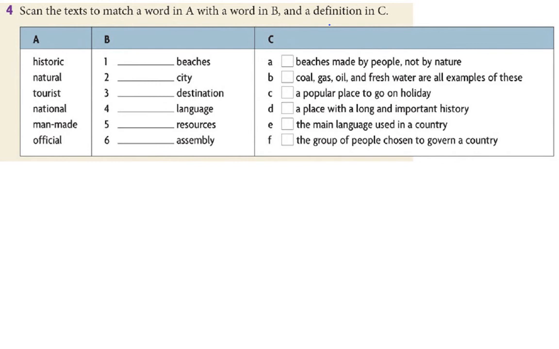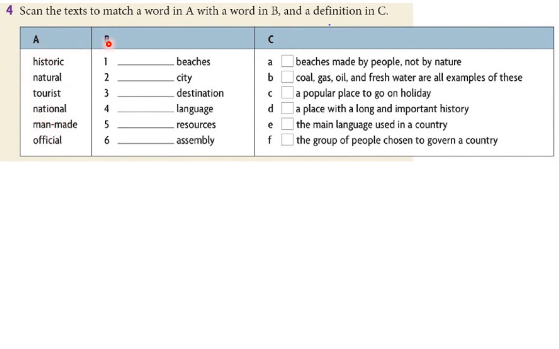The fourth exercise is about scanning. We need to scan the text to match a word in A with a word in B and a definition in C. So we have three columns, A, B, and C. In column A, there are 6 words already mentioned in the 3 paragraphs.